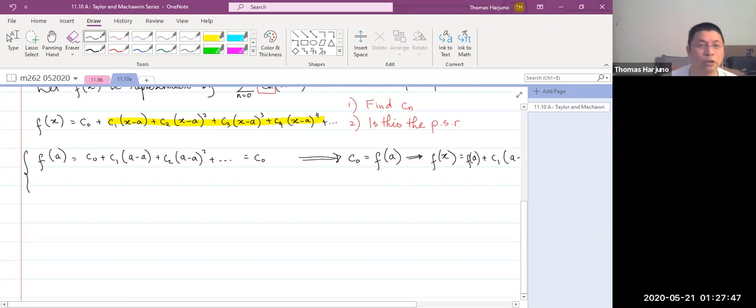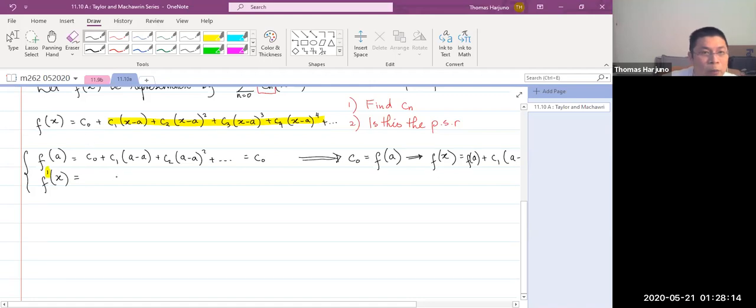Now, the second thing to do is find the derivative of f(x). F prime x will be, so pay attention to this derivative. When I do the first derivative, c0 disappears.